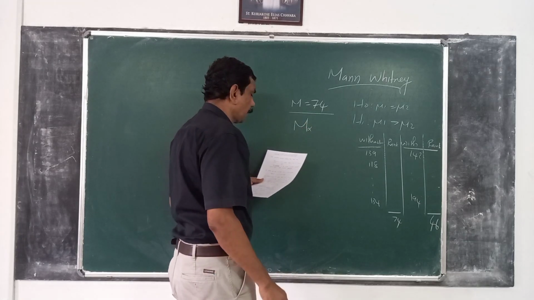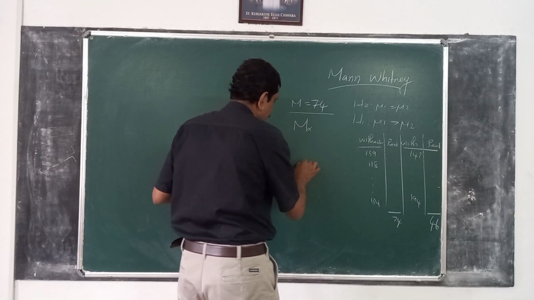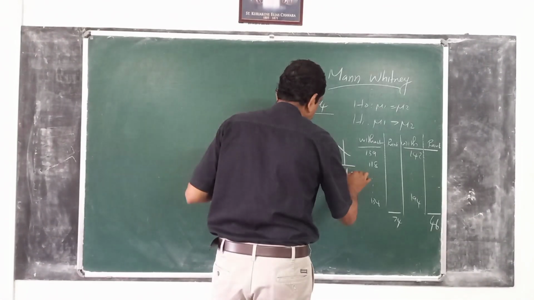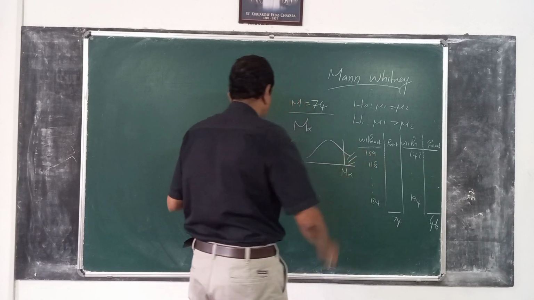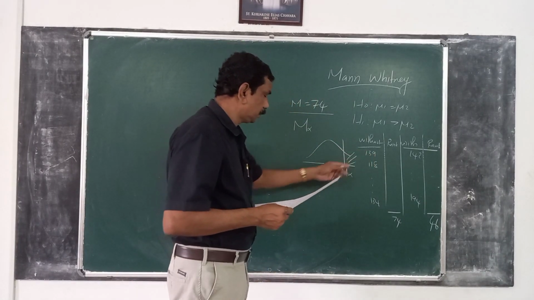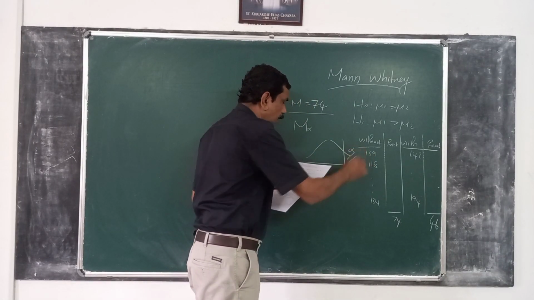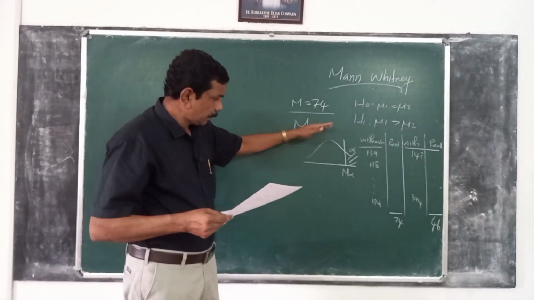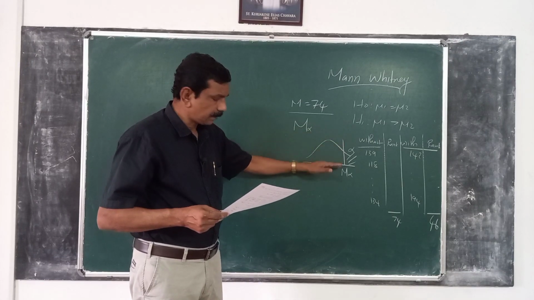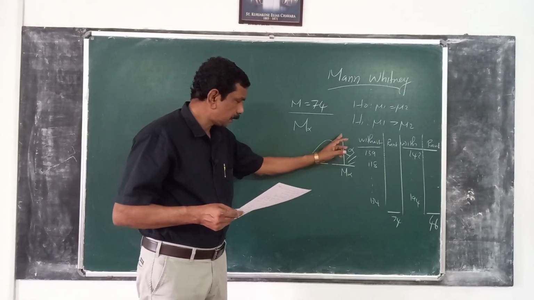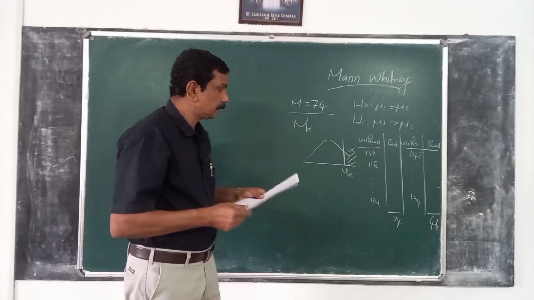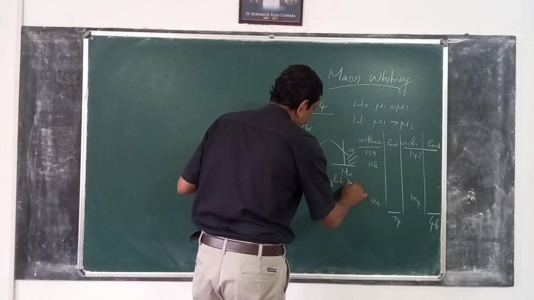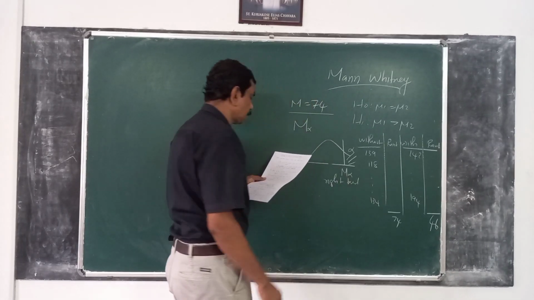M alpha is the value of M that has area alpha to the right. So naturally, the entries in the table provide what are known as critical values for right tail tests.